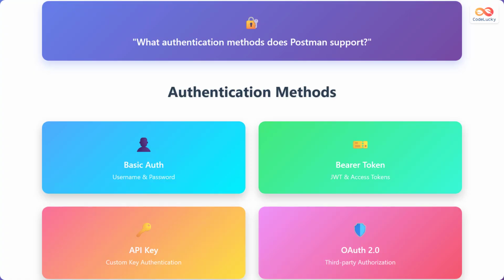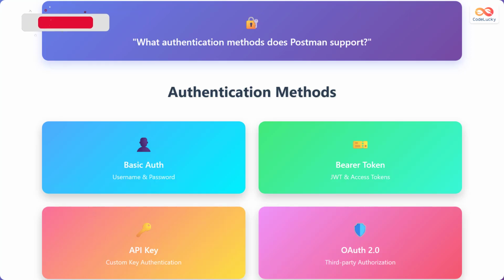Postman supports various authentication methods to secure your API requests. Basic authentication uses a username and password combination that gets encoded and sent in the request header. Bearer token authentication involves sending a token, often a JSON web token or JWT, in the authorization header. API key authentication allows you to send custom keys either in headers, query parameters, or request body.